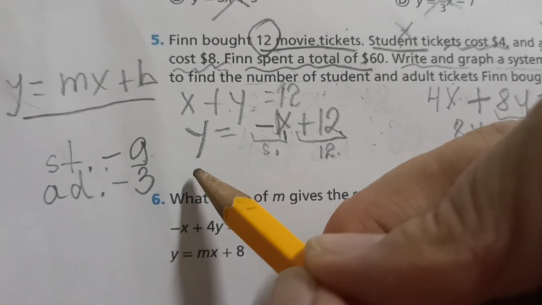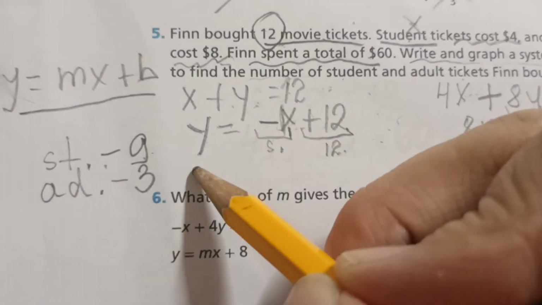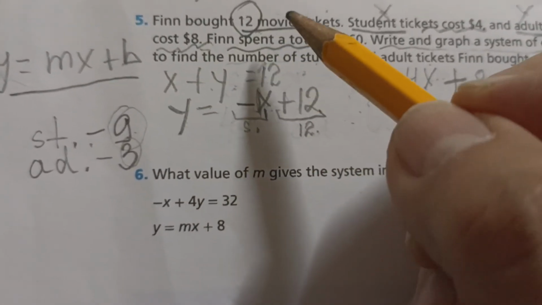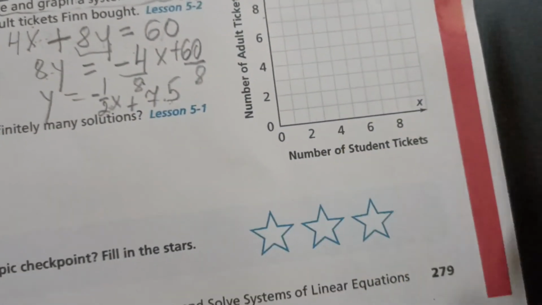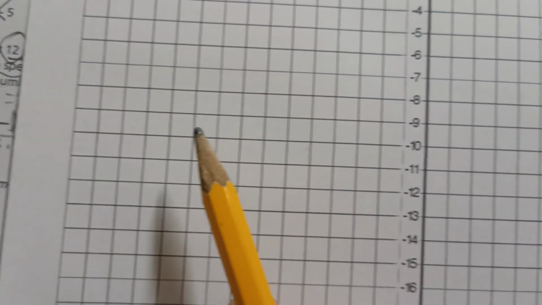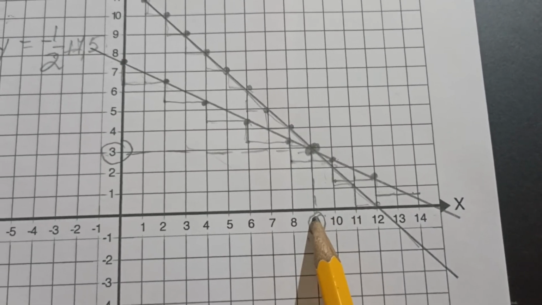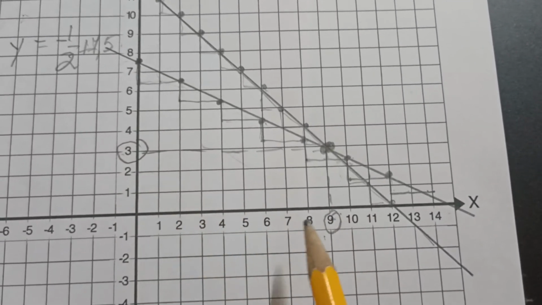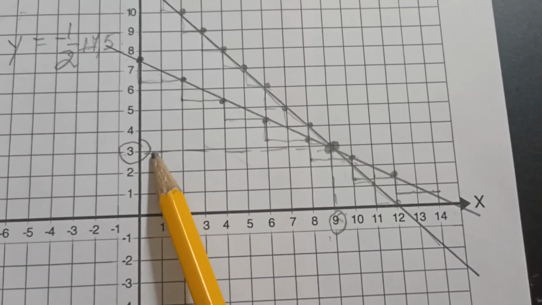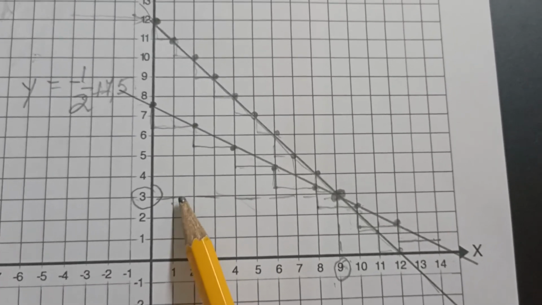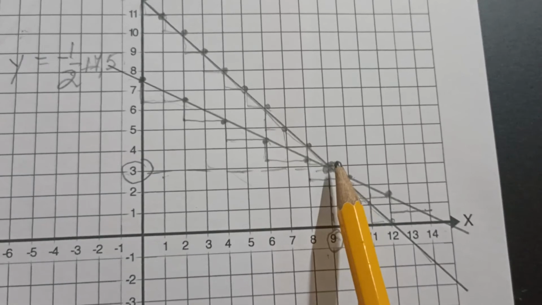Actually, we may not even write it because we see from the graph that x equals 9, y equals 3. Students 9, adults 3. This is how we find the solution using graphing, okay?